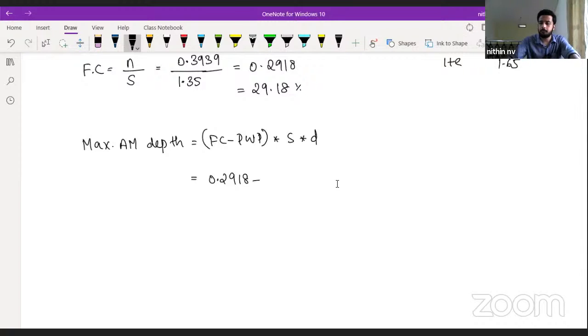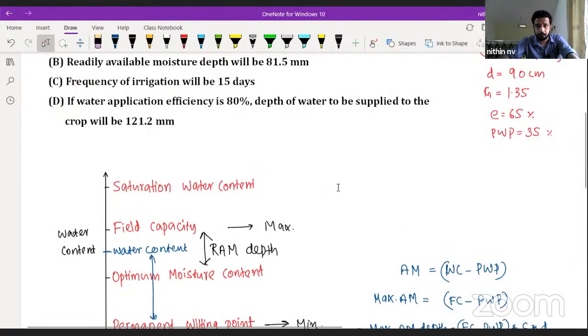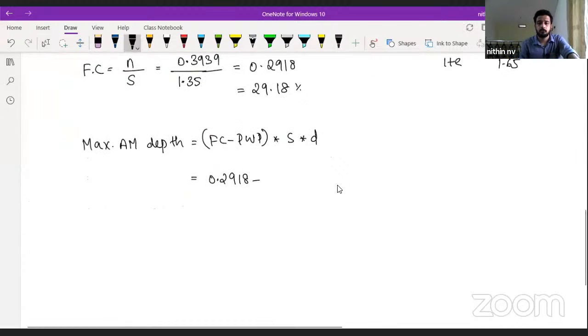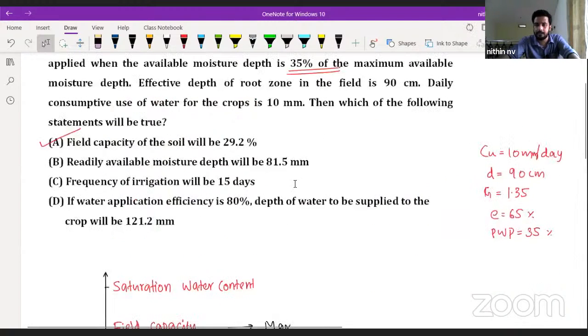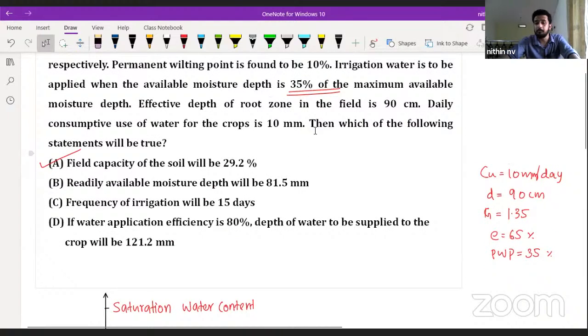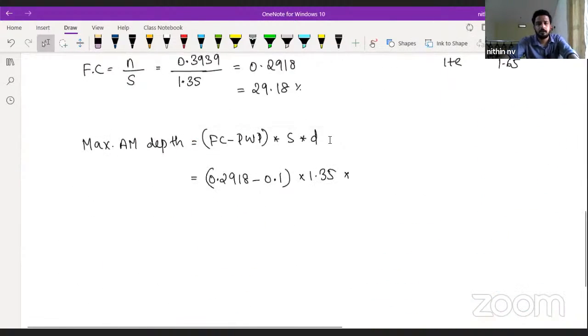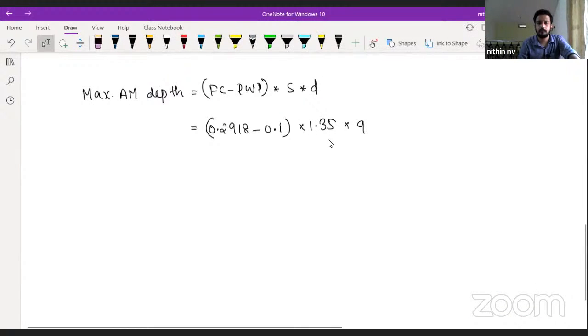The permanent wilting point is how much? 10%, so 0.1. Convert into depth terms. In which unit do we have to find the answer finally? In millimeters, no? The D value is given as 90 centimeters, so better you convert here itself to 900 mm. The unit is only for D. So the maximum available moisture depth will be how much?